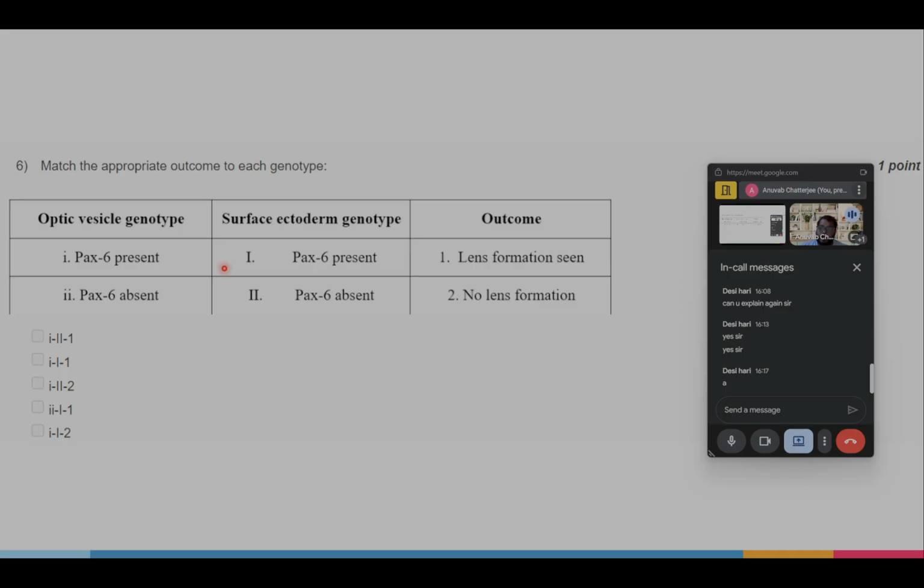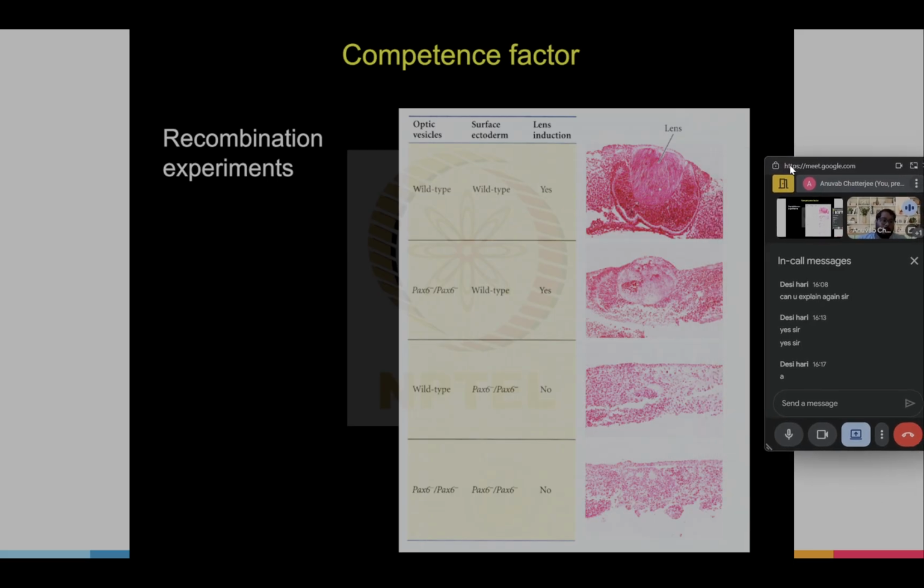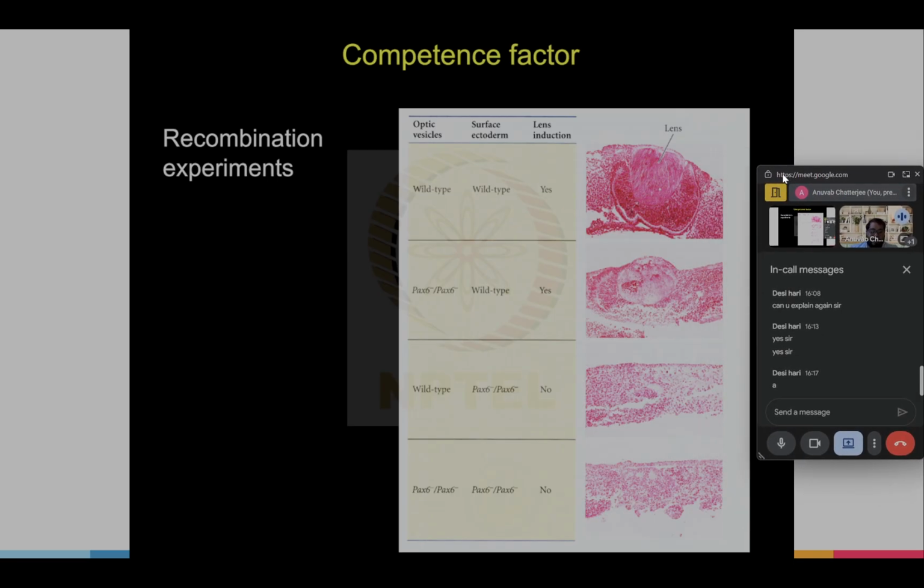Okay, we have option A, which is PAX6 absent in the surface ectoderm, and lens formation occurring. Let us look at it in detail so we are able to understand what is going on. As I said, PAX6 is important for optic lens formation, and it is a competence factor. So it causes a particular cell layer to be competent.